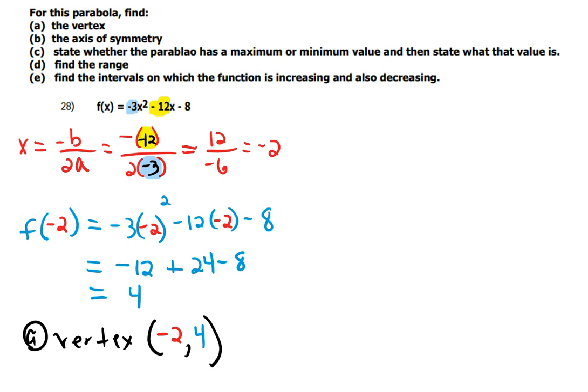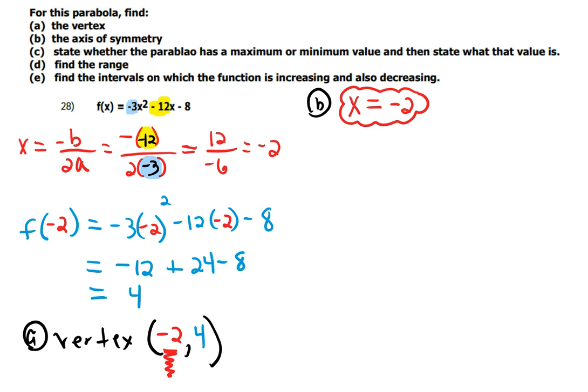Now, once you get part A, you're going to get part B. They want to know what the axis of symmetry is. The axis of symmetry is the vertical line that goes through the vertex. And all vertical lines start with x is equal to, and then it's wherever it goes through the x-axis. Well, that is going to be the x-coordinate of the vertex. So x equals negative 2 is the answer to part B.